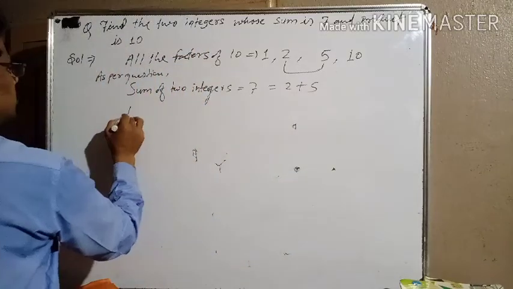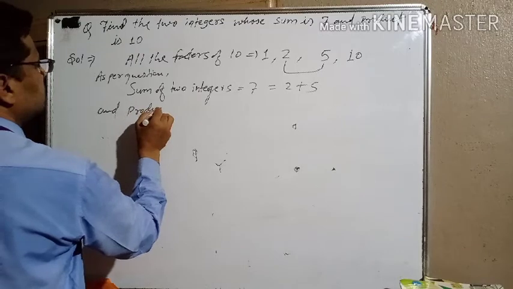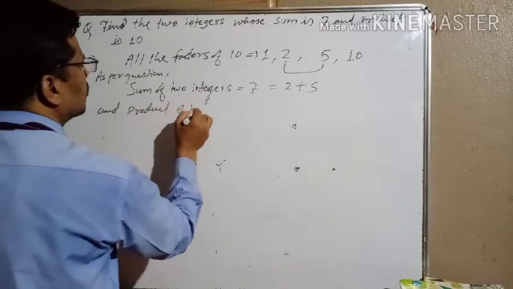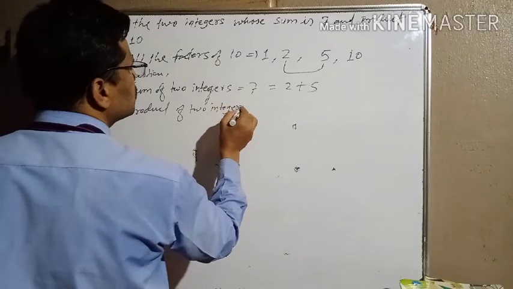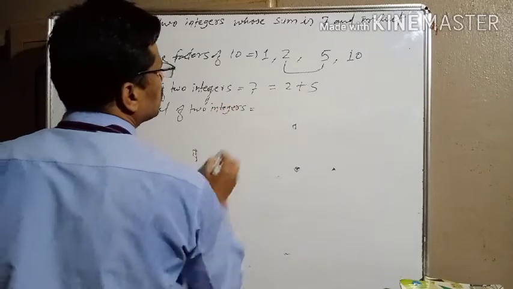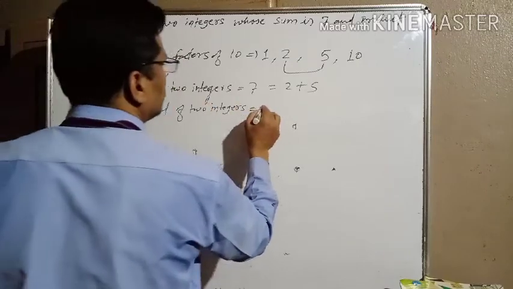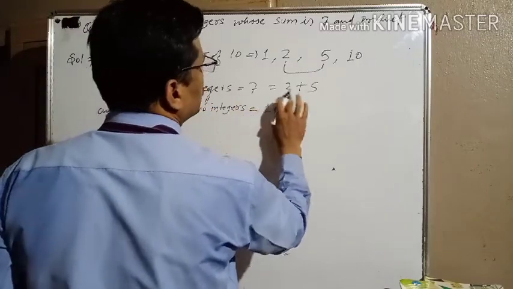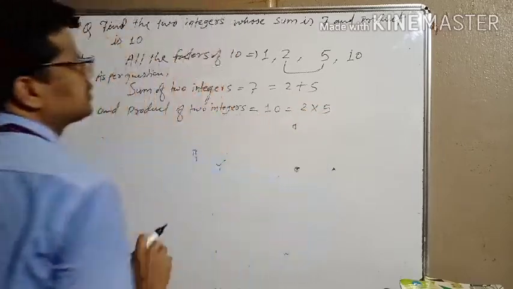The product of the two integers should be 10, so I write 10 here. When you multiply 2 and 5, what do you get? 10. This is the way.